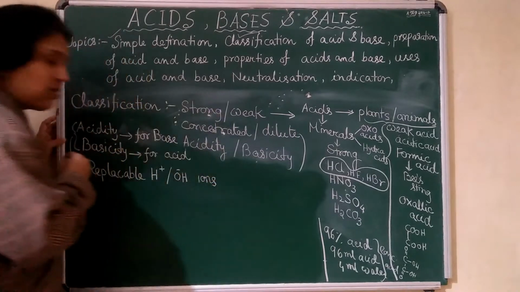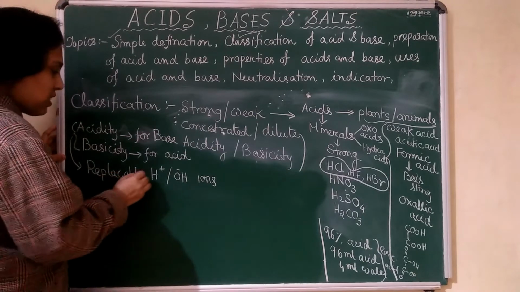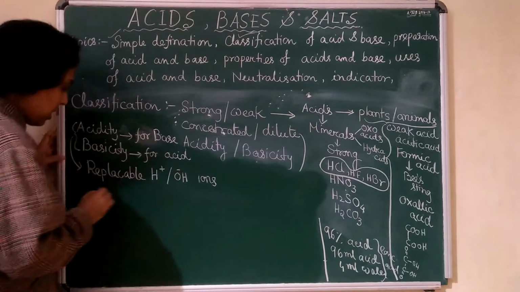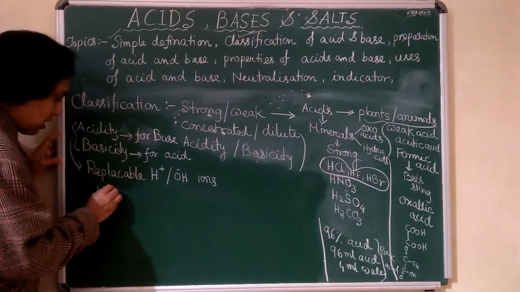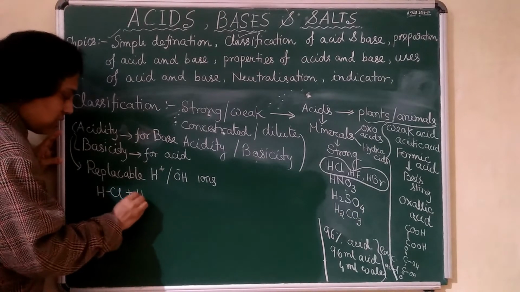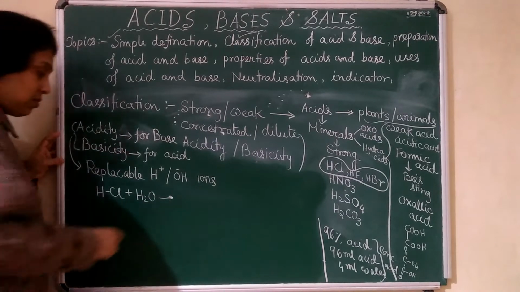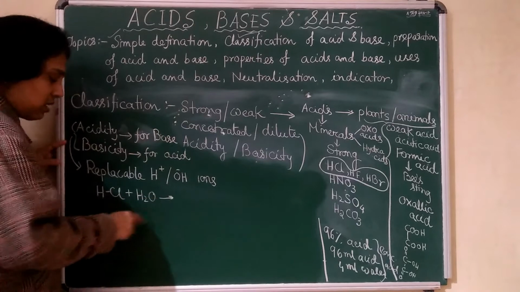In short, I am writing. Okay. The definition you can read from the book. What does replaceable mean? Suppose I am taking an example of HCl. When it is dissolved in water, it will dissociate.